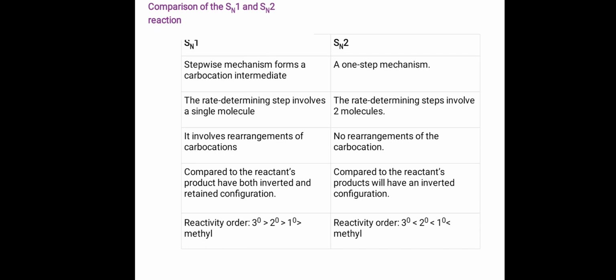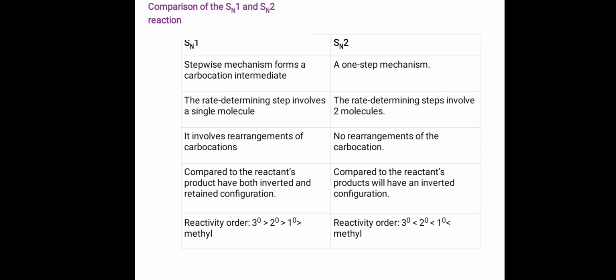But the SN2 reaction is a one-step mechanism, with no intermediate, only a five-coordinate transition state.